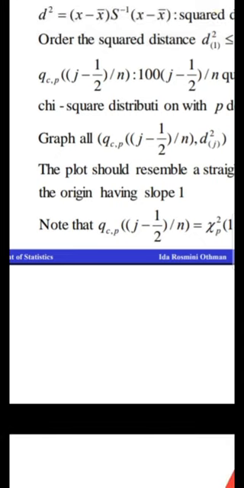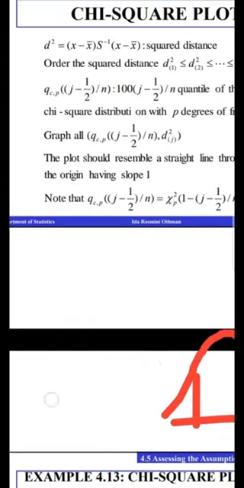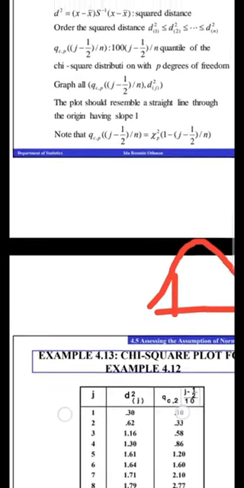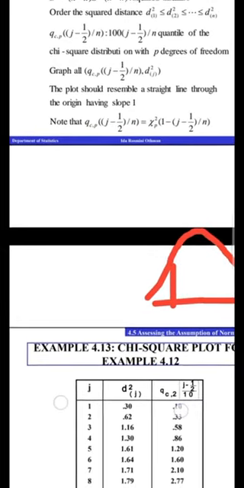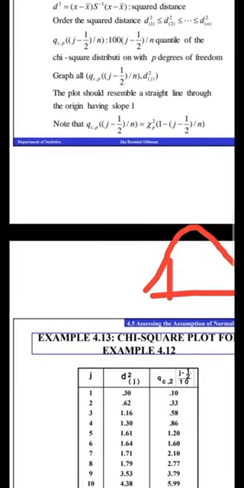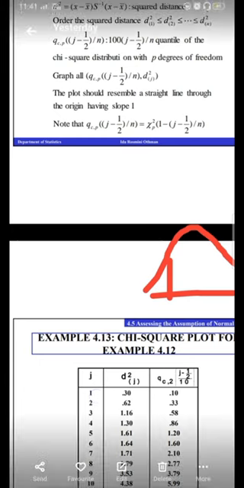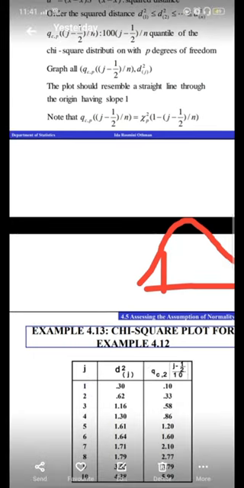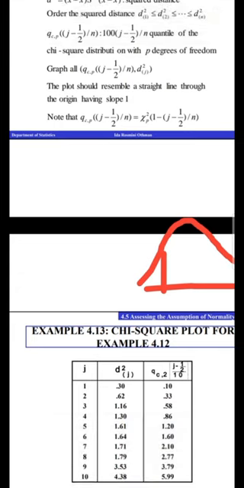Okay, let's say we are using the same example from the previous topics. So j will be, for the first row, j will be 1. Minus half divided by n will be 10. So the first row here, the value of j minus half divided by n will be 0.05.